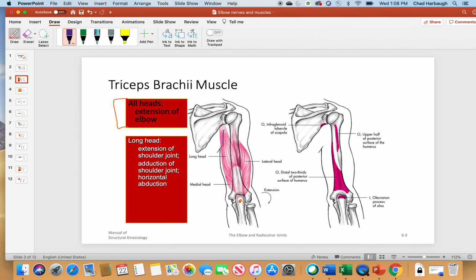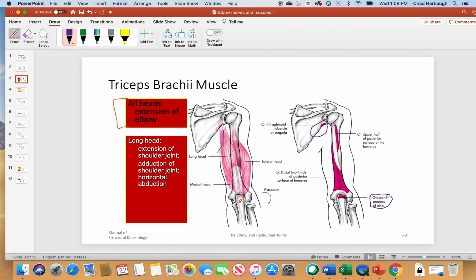Its job is for extension of the shoulder joint. It can also do adduction of the shoulder joint and horizontal abduction. Its origin is slightly different. The long head is going to pick up the infraglenoid tubercle of the scapula. And the insertion points are all going to be the same, which is going to be the olecranon process of the ulna.